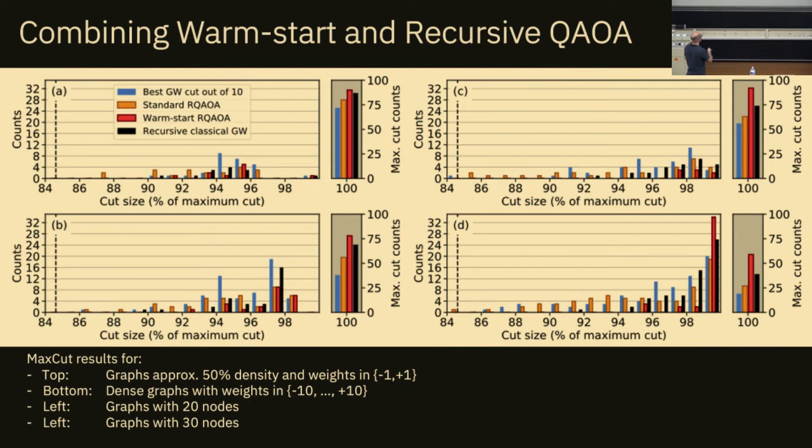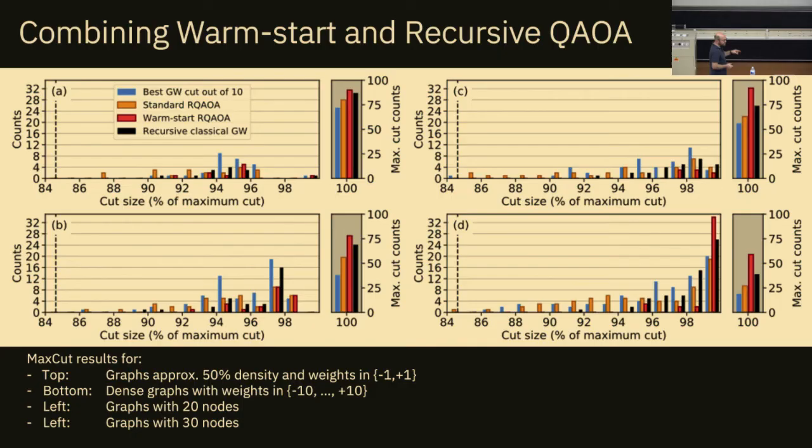So 100% is optimum, and colors are the different algorithms. In particular, these gray boxes here are very interesting. So what you see is that the warm-started recursive QAOA always performed the best here, and with a very high probability, it really reached the global optimum to this problem. And this is a very promising result.